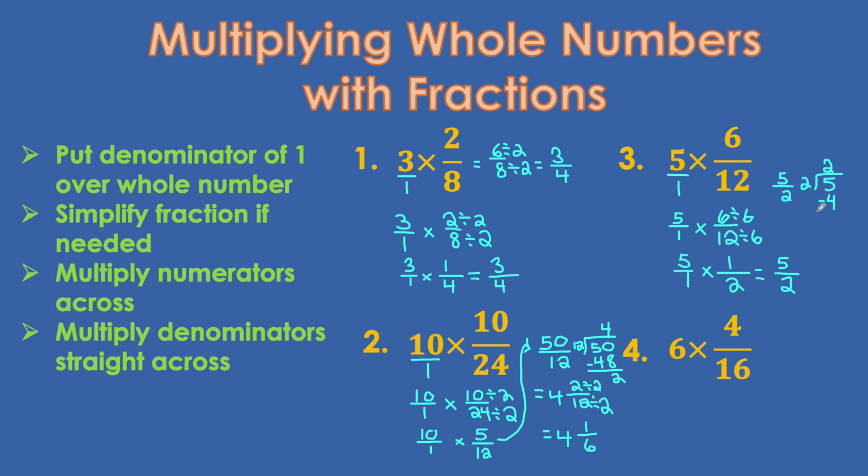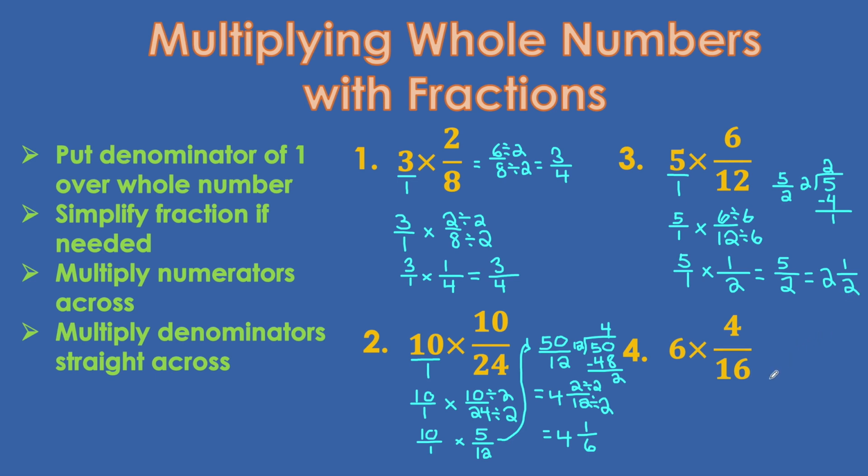Put a subtraction sign. 5 minus 4 is 1. Our mixed number would have the whole number, which is the 2 over here. And we have our fraction, which has the remainder for the numerator, and the denominator is going to be the same, this 2. So our final answer is 2 and 1/2.